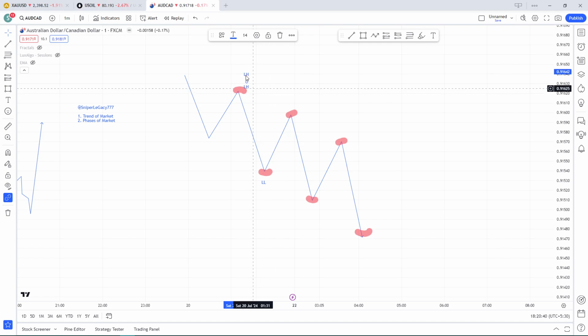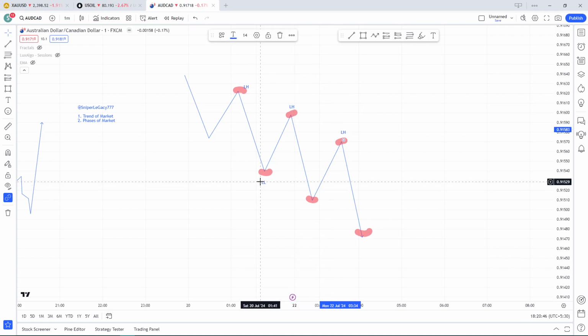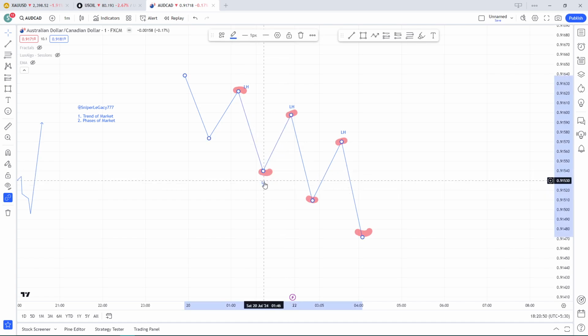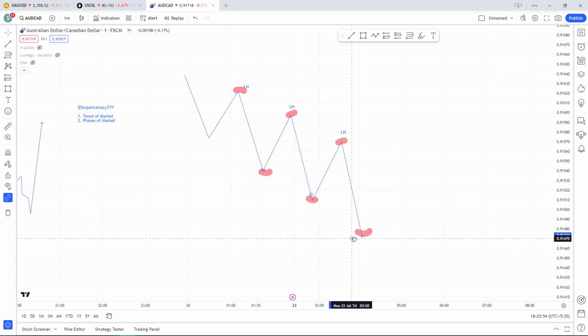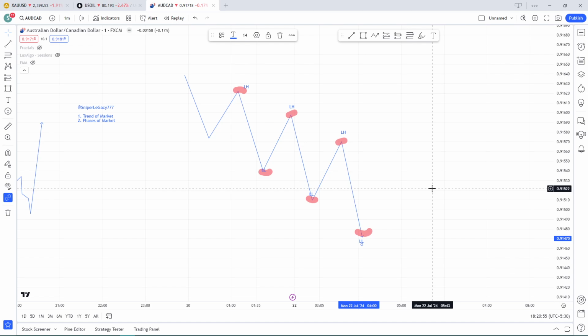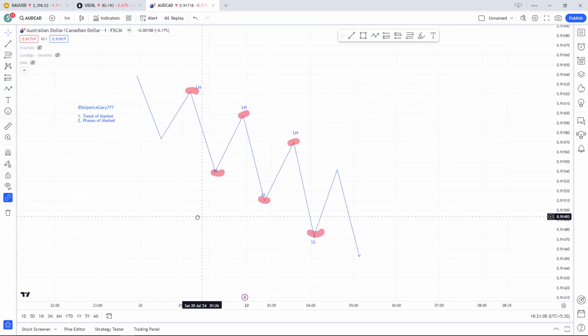So lower high 1, lower high 2, lower high 3, lower low 1, lower low 2, lower low 3. If it has to form another lower high, it will come somewhere like this and go down. So this is how a textbook downtrend will look like.